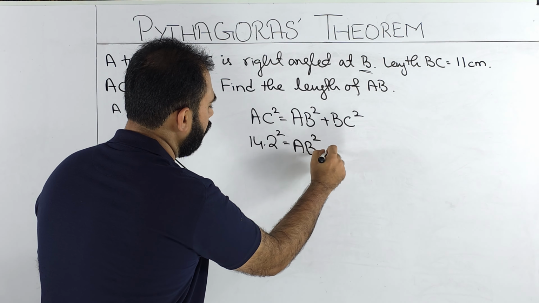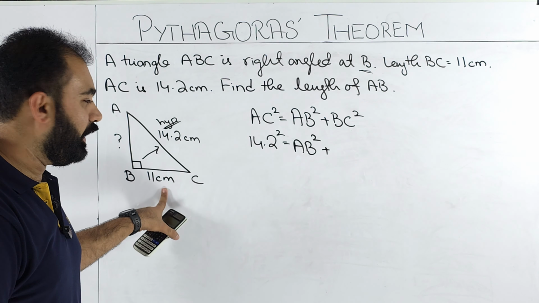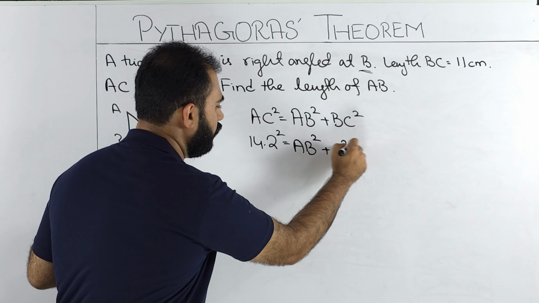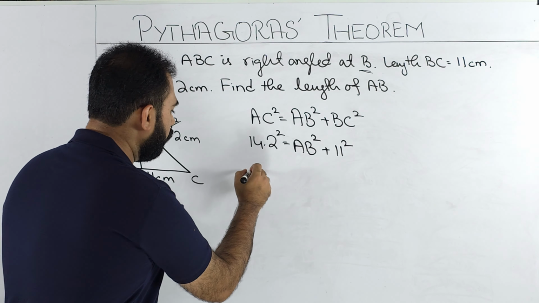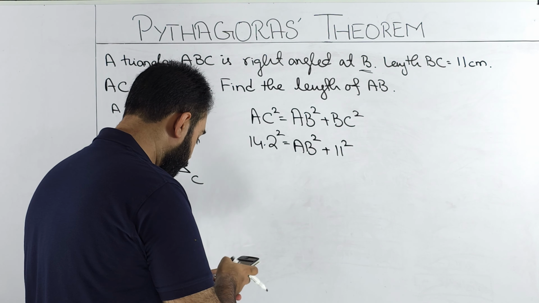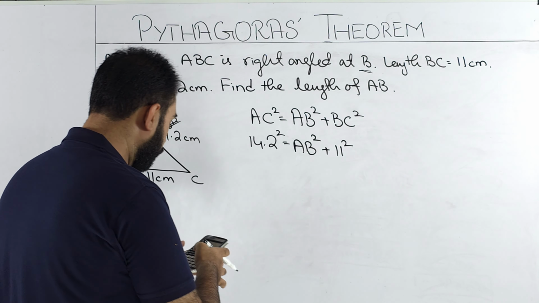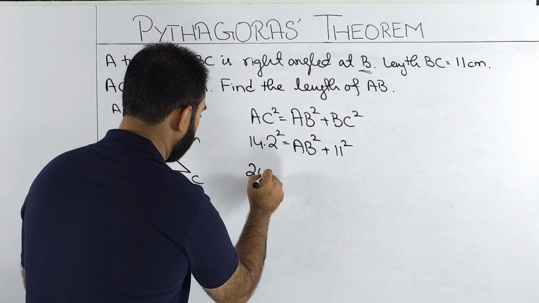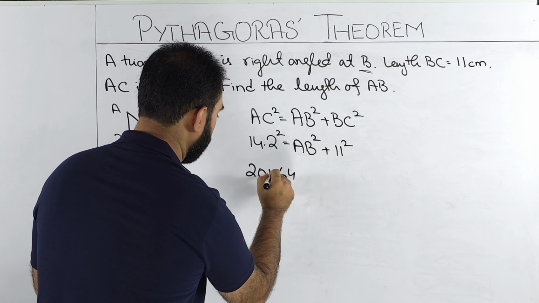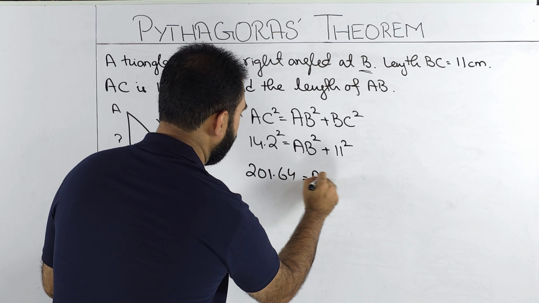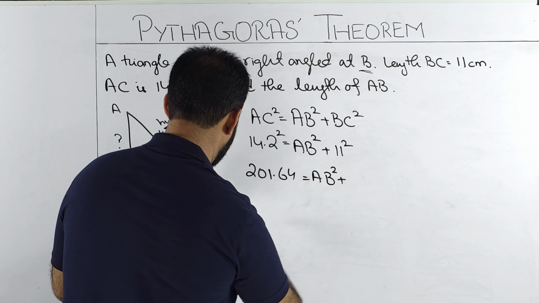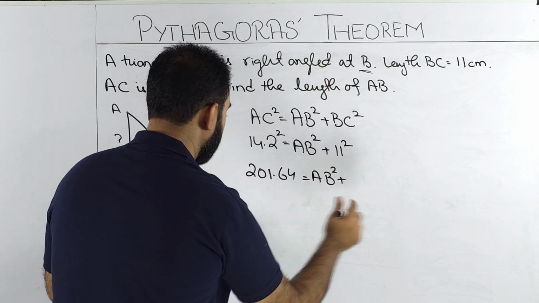AB square plus BC 11 centimeter, 11 square. Now 14.2 square is 201.64 is equals to AB square plus 11 square is 121.